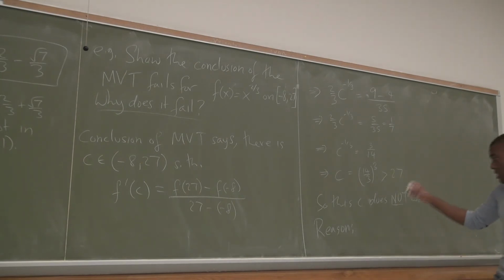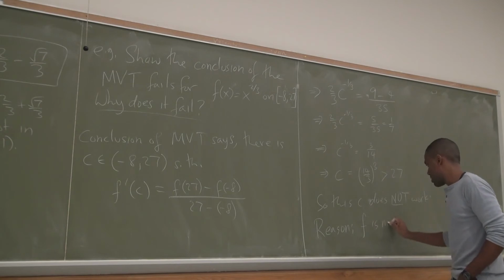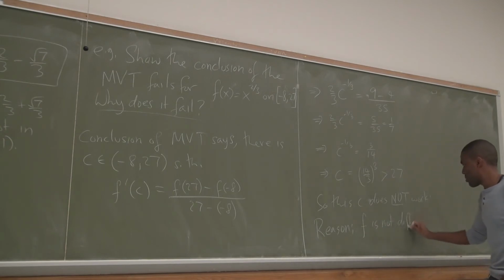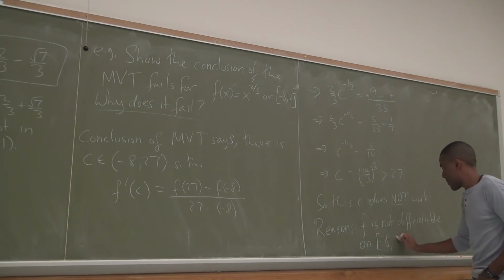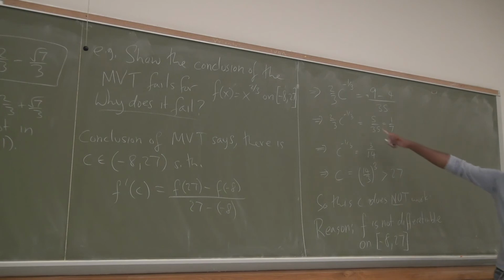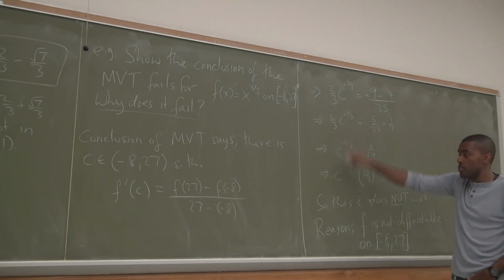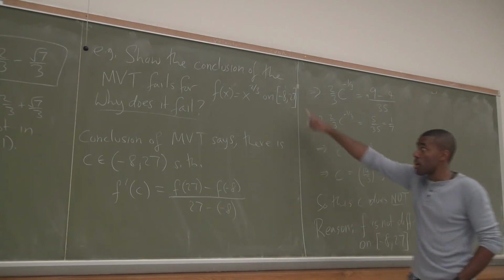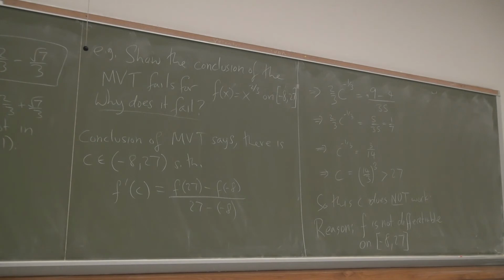The reason, since Rashad is an overachiever and told us already, is that f is not differentiable. That was a problem. At 0, there's a problem with this function, right? The derivative is undefined because you raise it to a negative power. So the derivative doesn't work everywhere inside, and that's why the mean value theorem can fail in these cases.